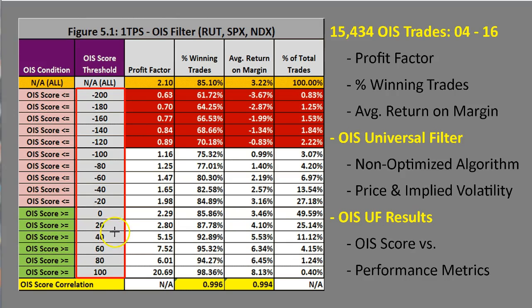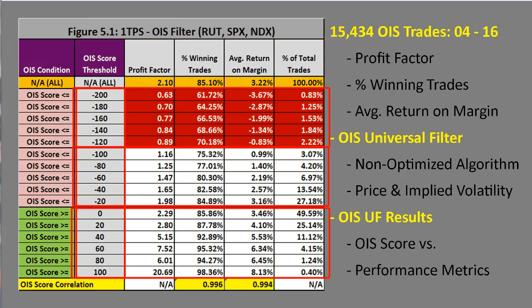There are 3 primary OIS score regions in the table. OIS scores less than negative 120, OIS scores between negative 20 and negative 120, and then finally positive OIS scores, or OIS scores that are greater than or equal to 0.